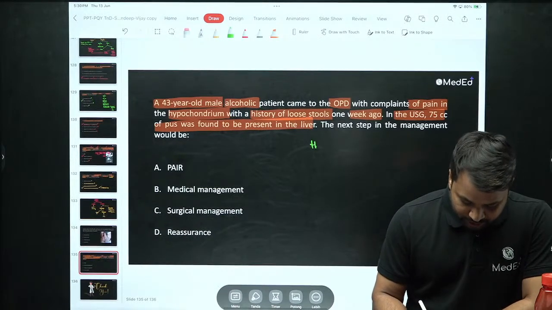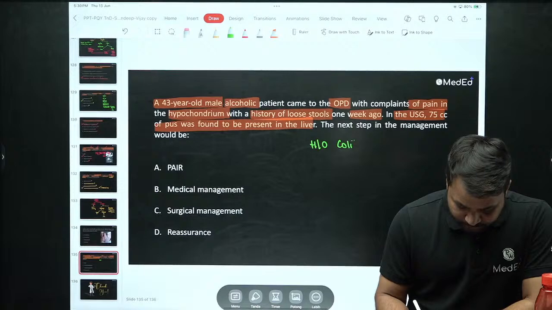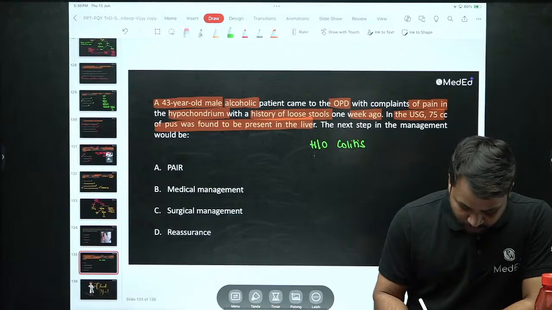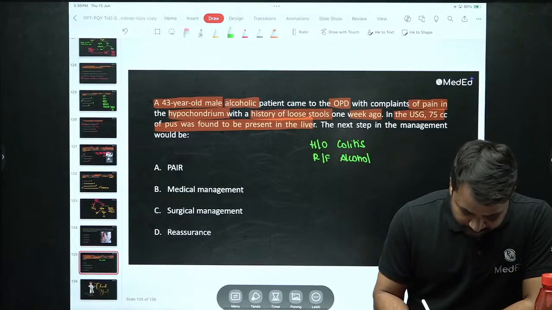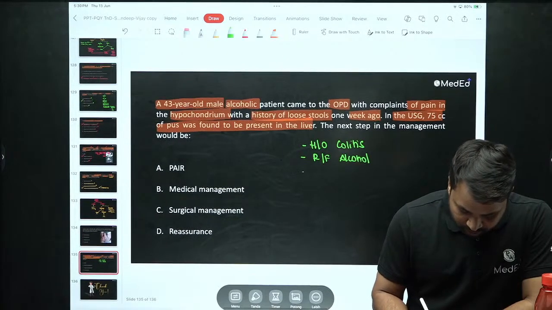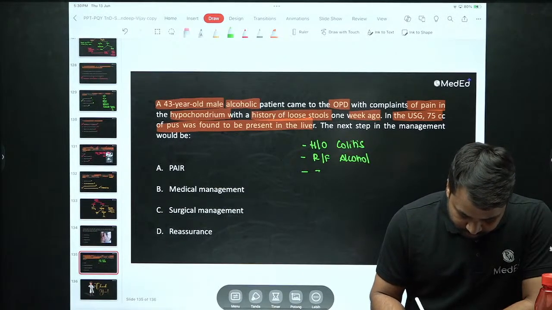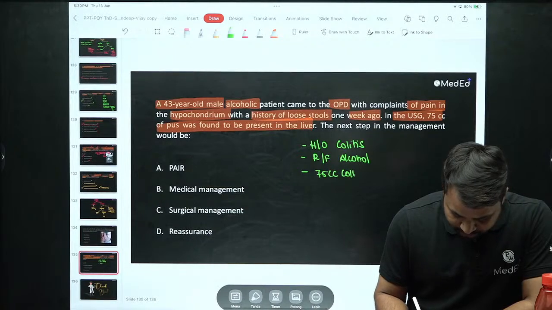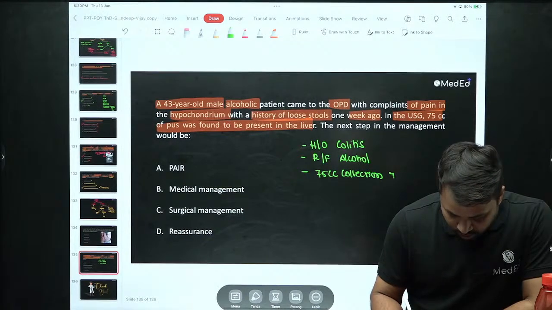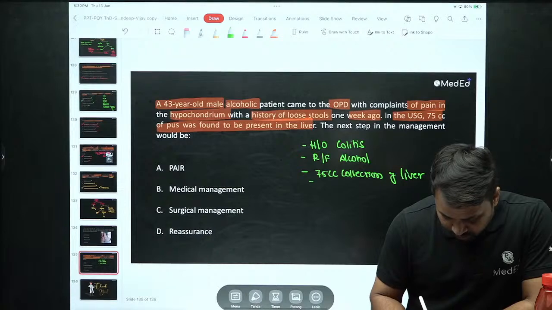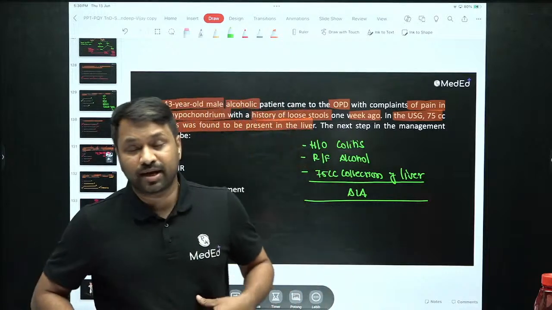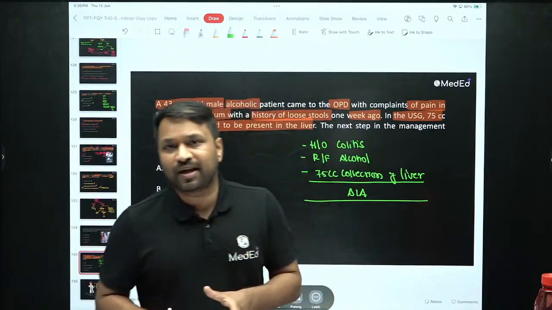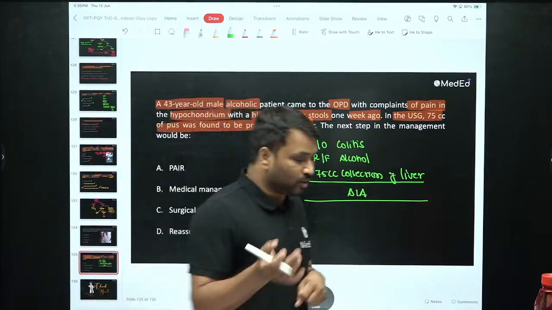Now there is a history of colitis, risk of alcohol, with a 75 cc collection in the liver. All these go in favor of amoebic liver abscess. Amoebic liver abscess starts with colitis, right? The most common site being the cecum. It causes flask-shaped ulcers. The patient would have had amoebic colitis and been treated.